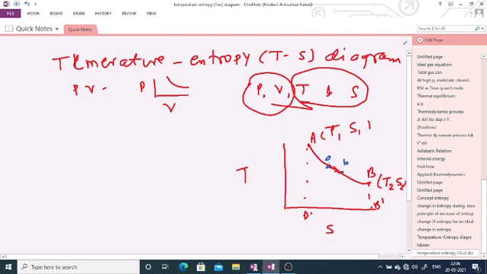So for this small step, suppose there is a small change in the entropy of your system. So there is a small change, that is called an infinitesimal change.